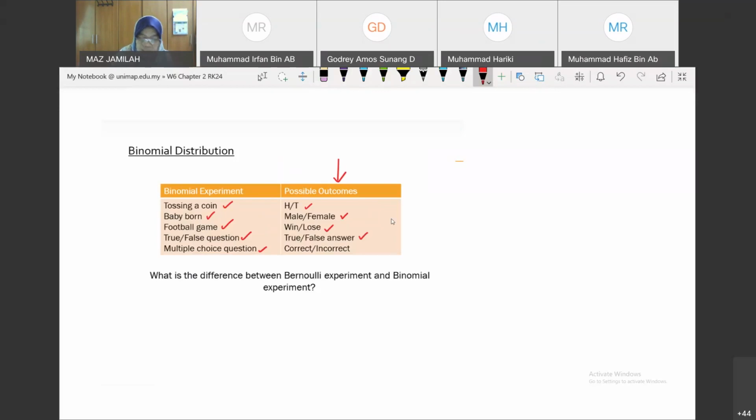And finally, multiple choice question, if we wish to define as correct and incorrect. So what you can observe here involves two outcomes. This is the most obvious thing that you can observe from the outcomes of each of the binomial experiments.